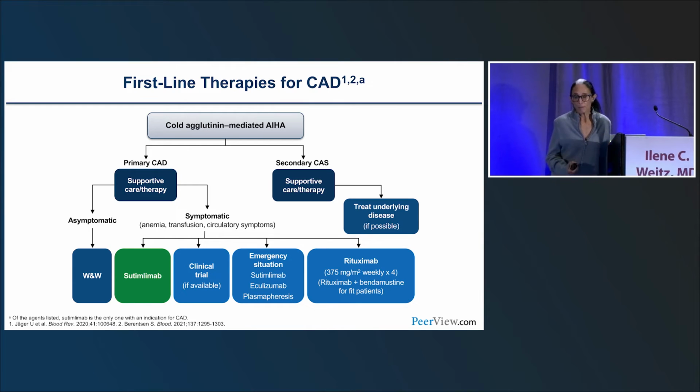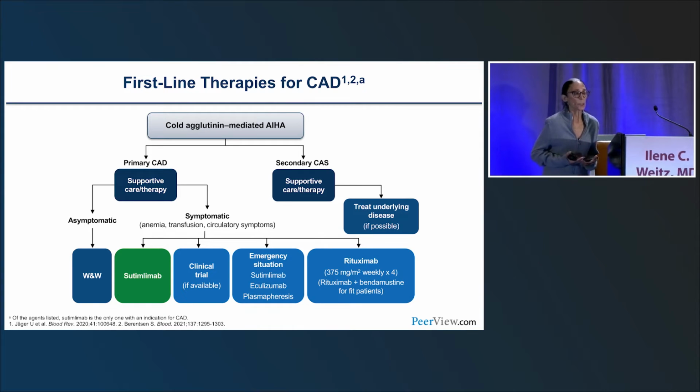So there are a variety of other treatments that we could consider. We can watch and wait, but obviously if the patient is symptomatic, you don't want to do that. And then there are patients who have some symptoms, and we can treat the underlying lymphoproliferative syndrome, or we can affect the complement activation.